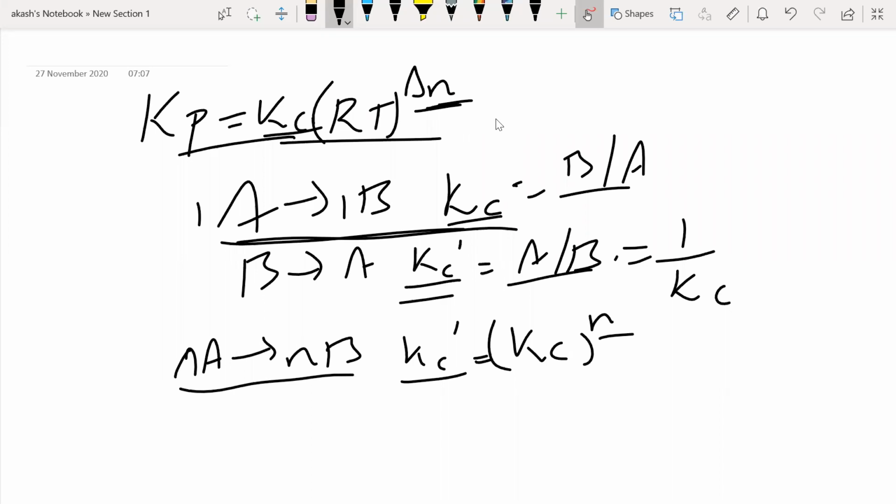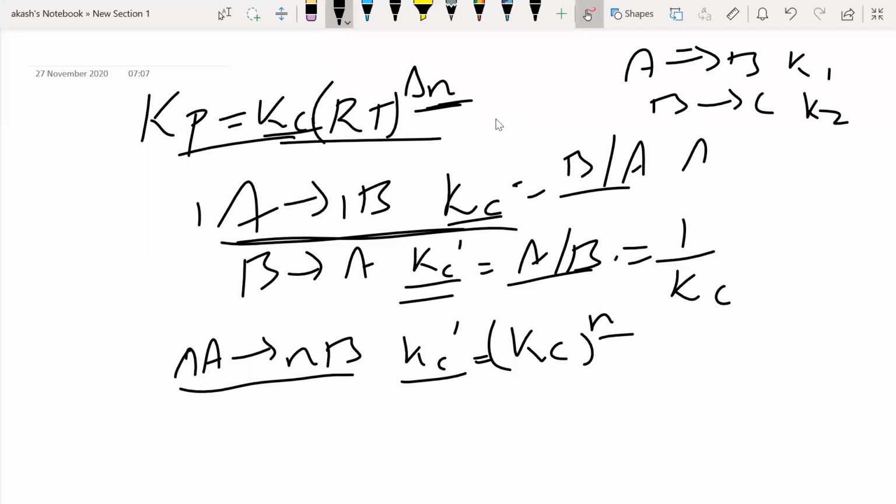Right? Okay, this is the second operation. And the last and final operation is when I add or subtract two reactions. So when I add two reactions, what should I do to the two equilibrium constants? Say if I have A giving B is K1, B giving C is K2.